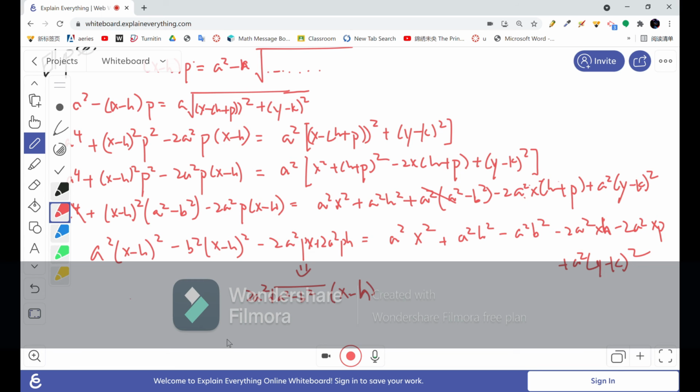I don't think I made any mistake though. So I have a squared x squared plus a squared h squared plus a squared minus b squared. Plus p plus a squared times minus a squared.